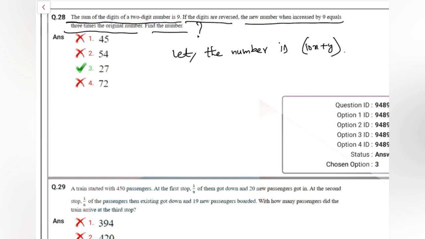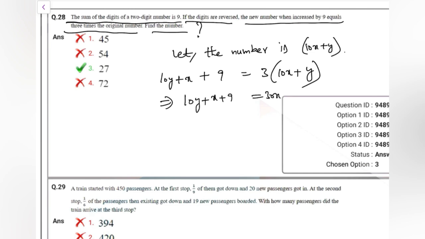So it can be written as 10y plus x after reversing and increasing it by 9, so plus 9, which is equal to 3 times the original number, means 3 into 10x plus y. Which becomes 10y plus x plus 9 is equal to 30x plus 3y. It becomes 29x minus 7y is equal to 9. Let it be equation 1.